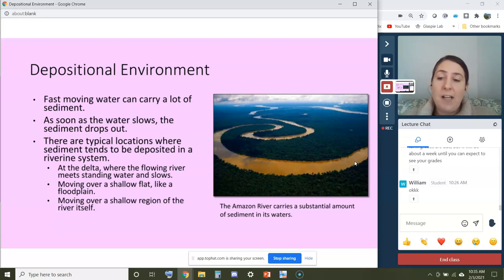The commonality of all of these is that they are times when the river water slows down and sediment can drop out of the flowing water. These three cases we're going to talk about each in turn in the next 3 slides.